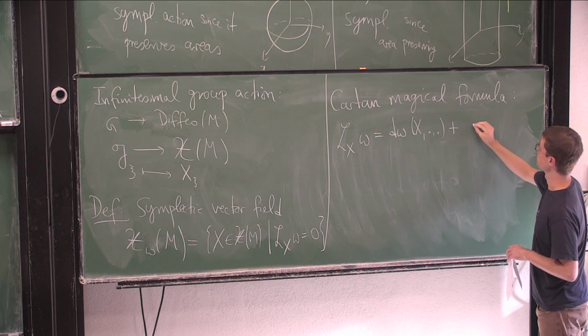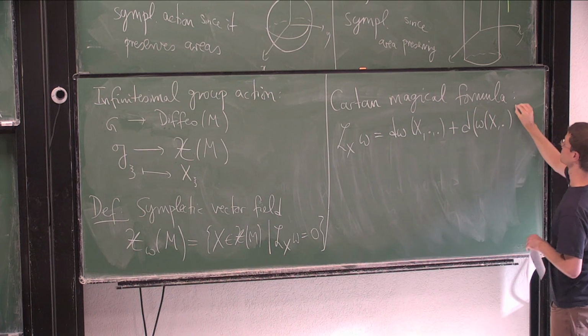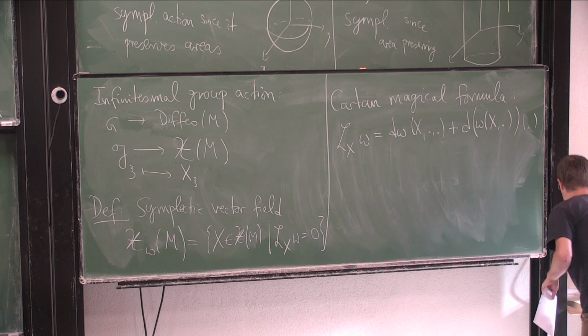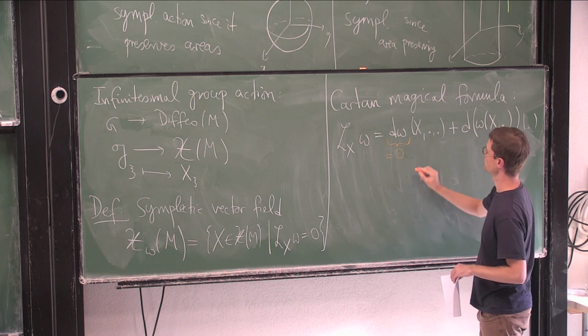And you can also evaluate omega at X and then take the derivative of this, and then there's another dot left. The first thing is 0 by definition, since omega is closed.